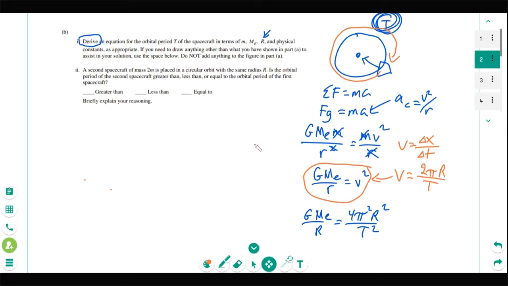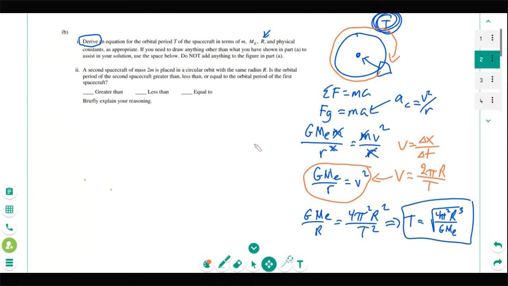Then a little cross multiplying and combining terms, and we'll end up with T squared. I need T, not T squared, right? T is the square root of 4 pi squared R cubed over G M_E. And there is our answer.